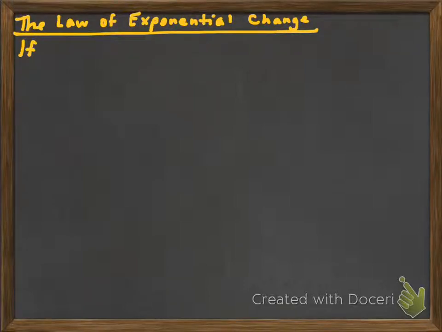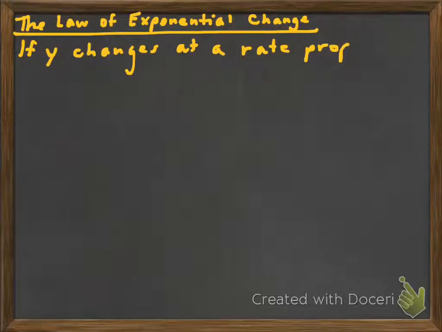All right, so, and this is a very important phrase, and your book doesn't do anything to emphasize it, but if y changes at a rate proportional to the amount present, and this is what I want y'all to do.